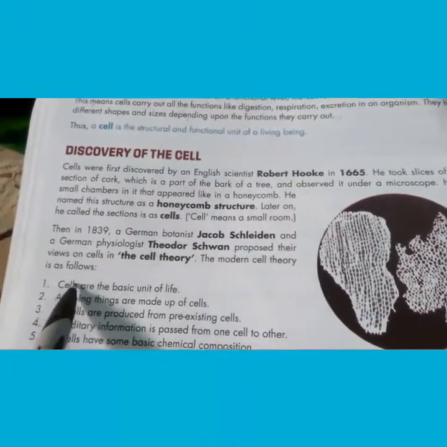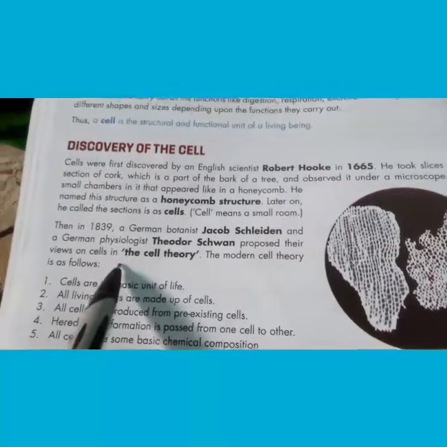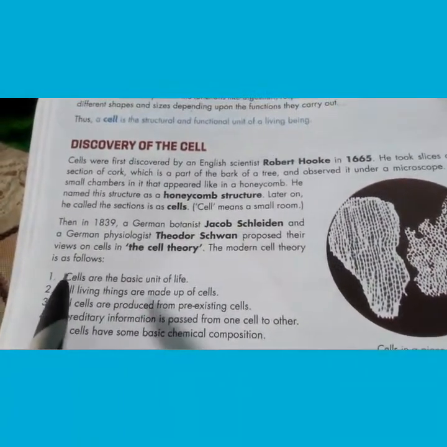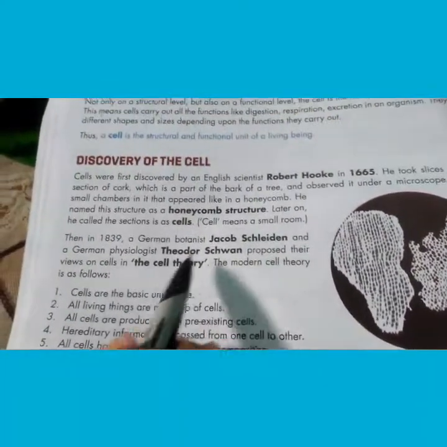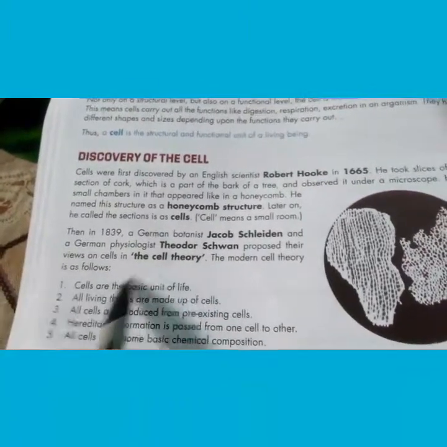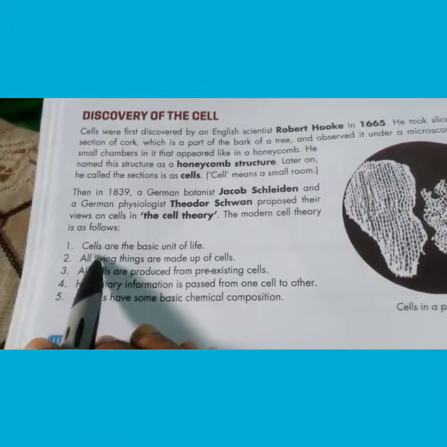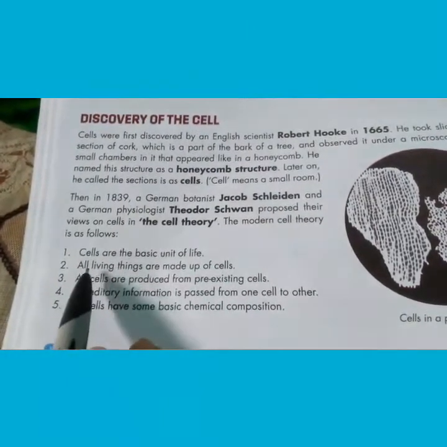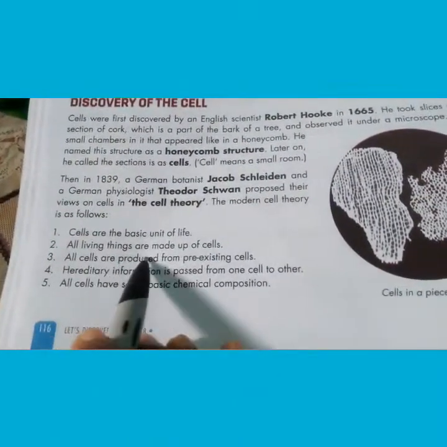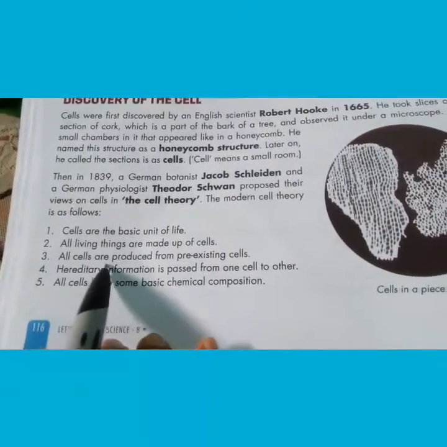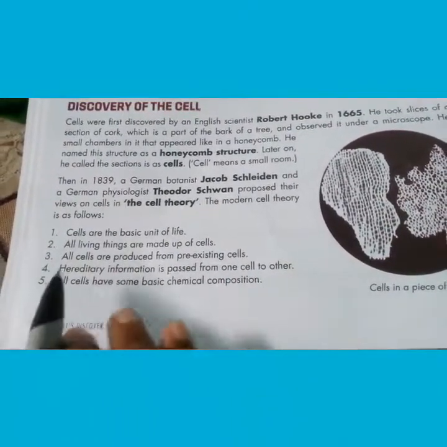The modern cell theory is as follows. This theory about the cell was proposed by these two scientists. First, cells are the basic unit of life. Second, all living things are made up of cells. Third, all cells are produced from pre-existing ones.